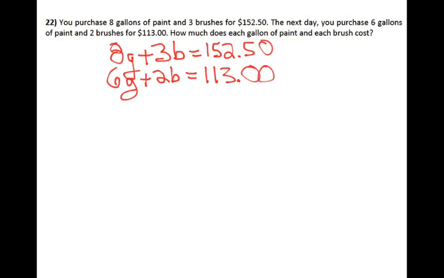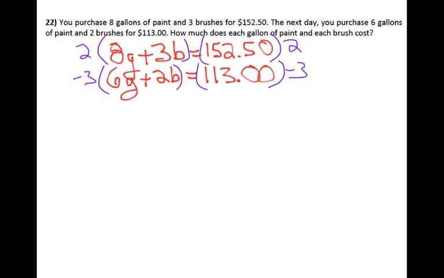This one's set up probably best for elimination, so you've got to come up with a good plan. It'd be really nice if we could make the B's the same, maybe make one of them a 6 and one of them a -6. So let's multiply the top equation by 2, and then we'll multiply the bottom equation by -3, and that will make the middle ones both a 6 and a -6.